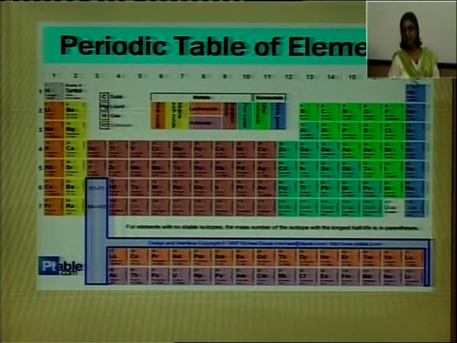And helium, which has electronic configuration 1s2, has been placed with the noble gases because its electronic configuration is complete within itself. These are the p block elements, these are the d block elements, and at the bottom we have these as f block elements. Thank you.